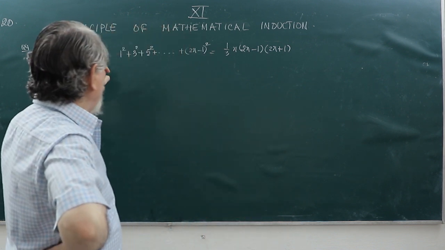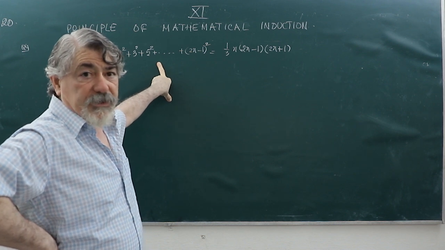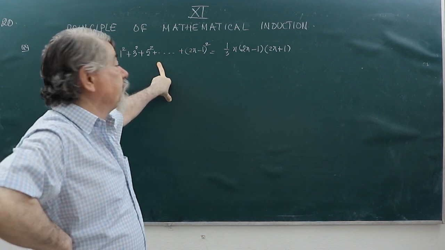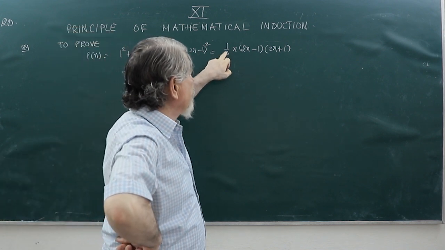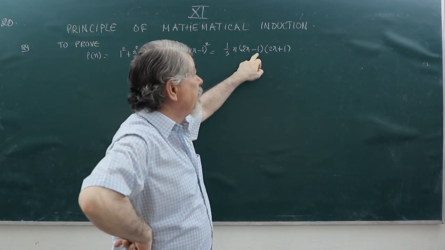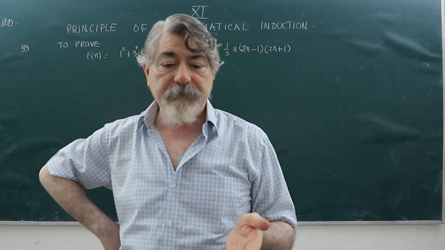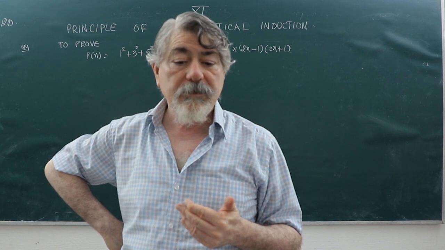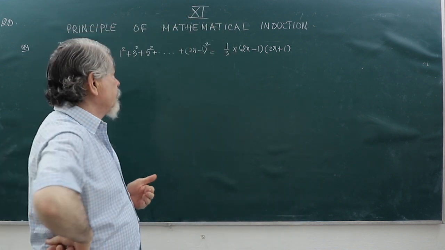Now it is the sum of squares of odd positive numbers, 1 squared plus 3 squared plus 5 squared plus so on. We have to prove this mathematical statement to be true using the principle of mathematical induction.